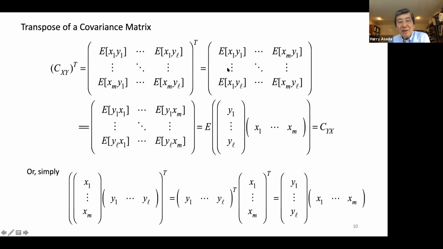Just take the product differently, and it can be written as y column vector times x row vector, which is basically C_YX. The key part is the two vectors inside: when you take a transpose you have to change the order, y first followed by x, and taking the transpose again, it comes back, and that's it.